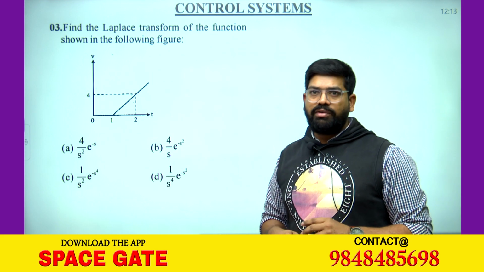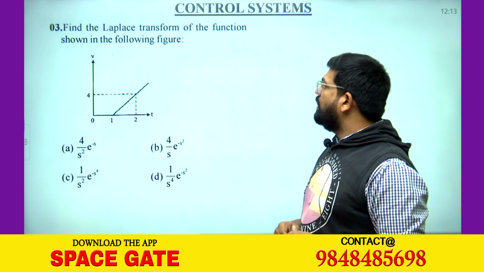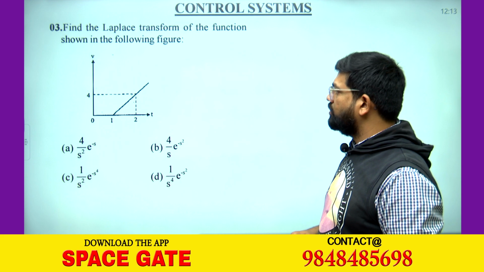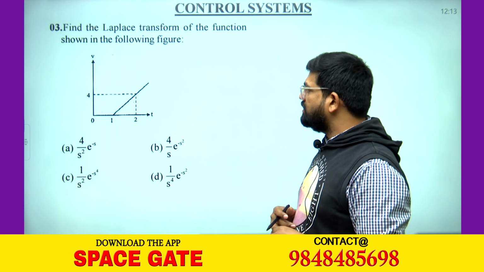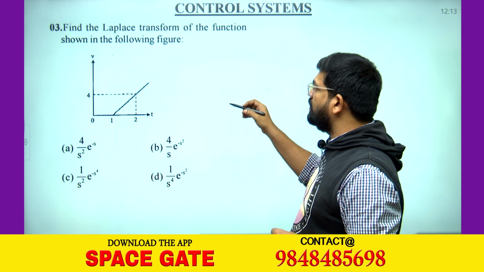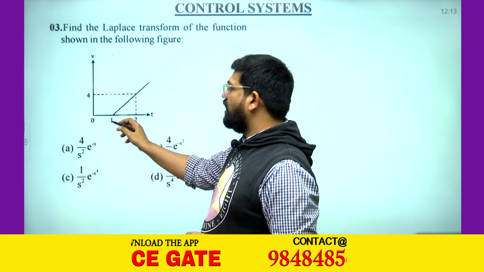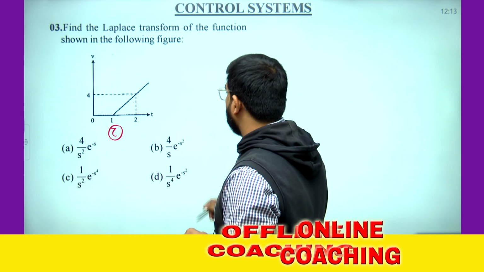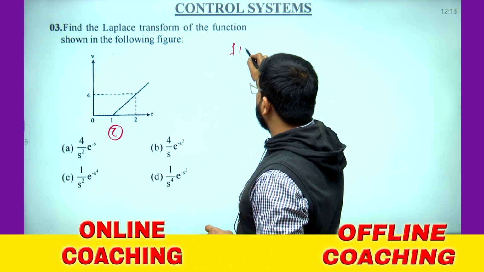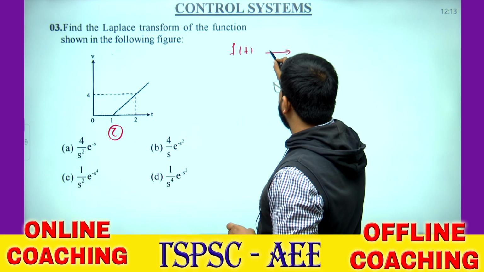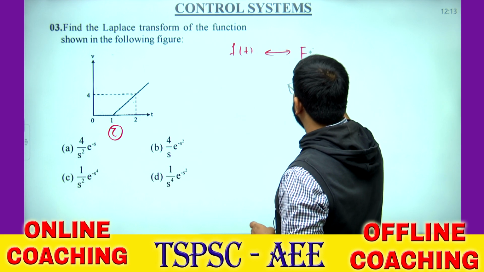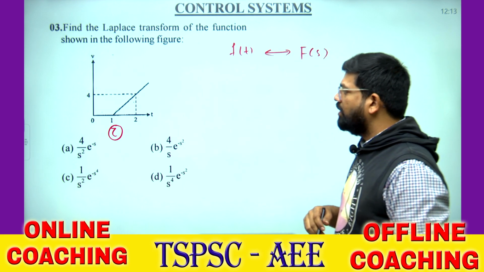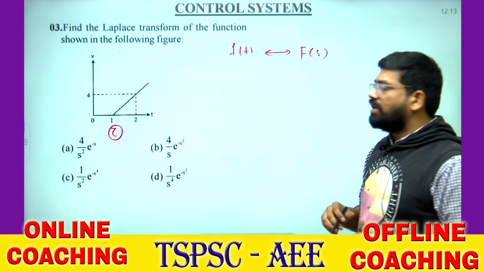Again here, one more question related to the Laplace transform of the function shown. This time it has some time delay, it is starting after a lag of tau equal to 1 second. Look at this, f of t Laplace transform is F of s.